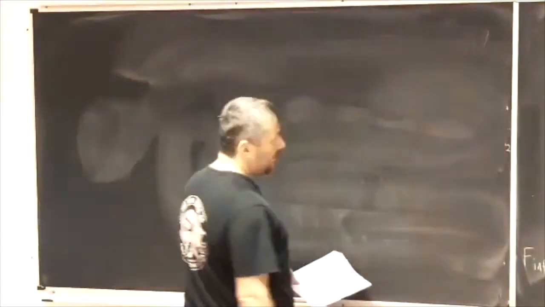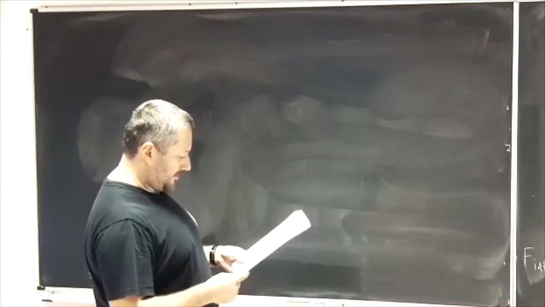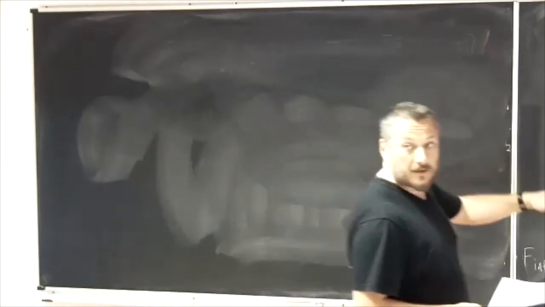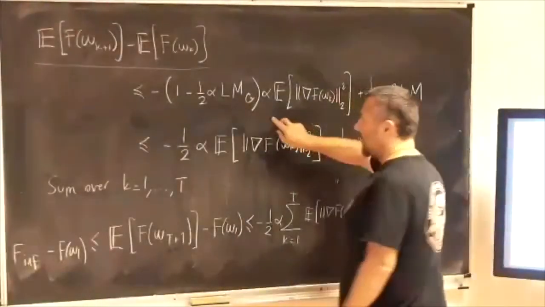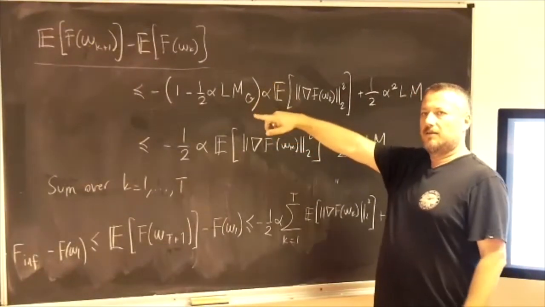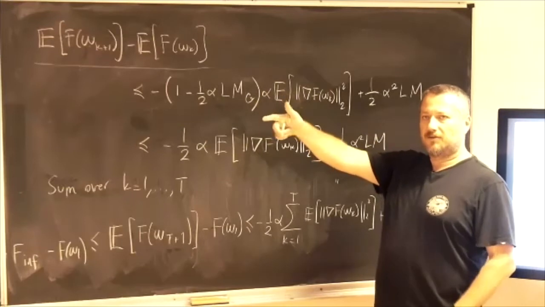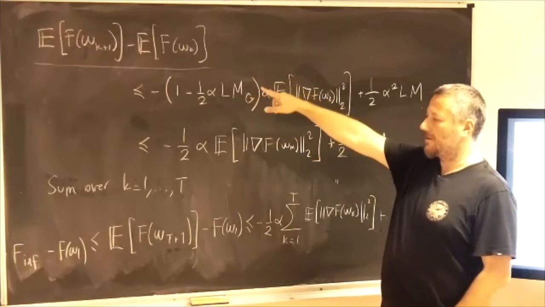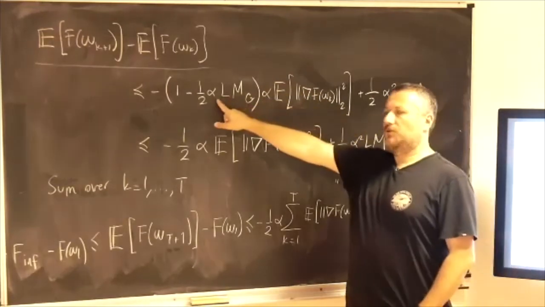I'm going to use this inequality again, the second lemma that we introduced, taking the total expectation of that result in the second lemma. And instead of alpha, I'm going to use alpha k.